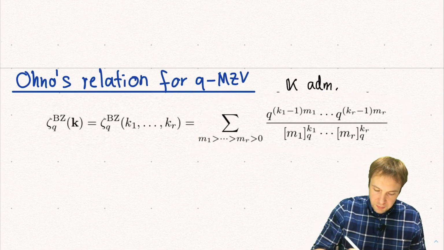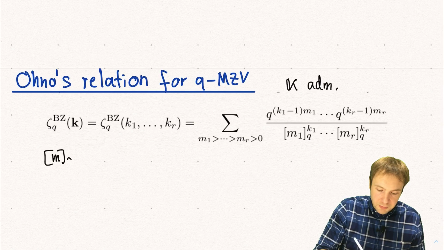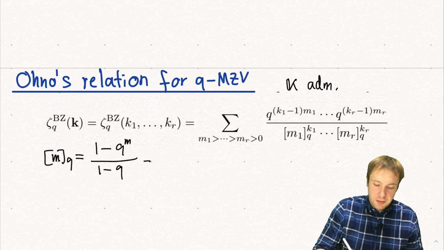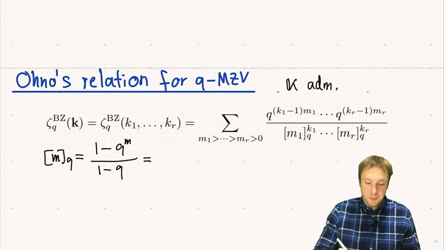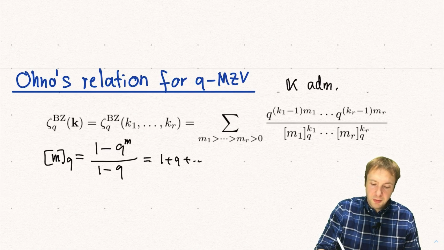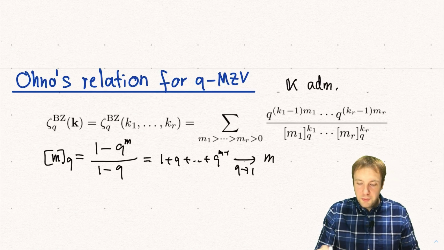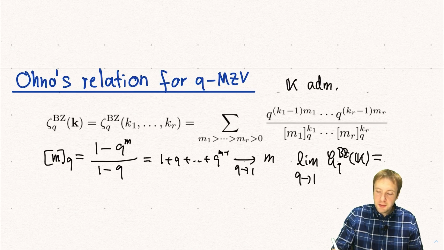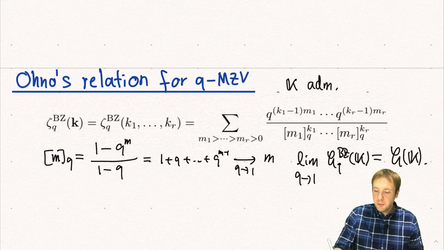Recall that this m here is a q-bracket, or the q-integer, which is given by 1 minus q to the m divided by 1 minus q. If we send q to 1, this just gives m. So here we saw that if we send q to 1 of the Bradley-Zhao zeta q of an index, this just gives the multiple zeta value.